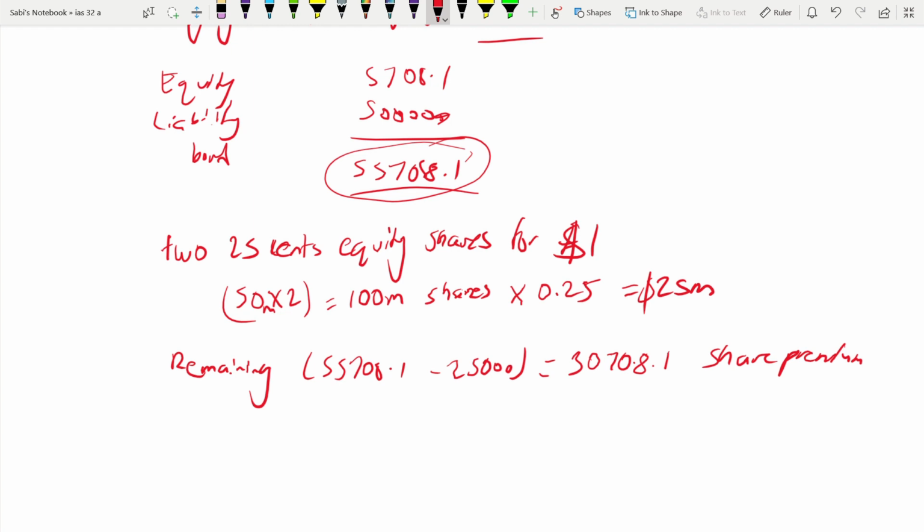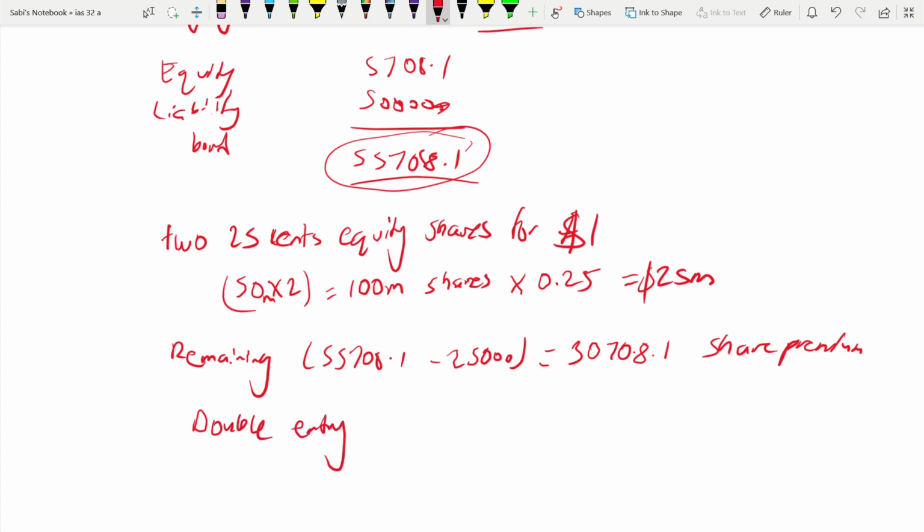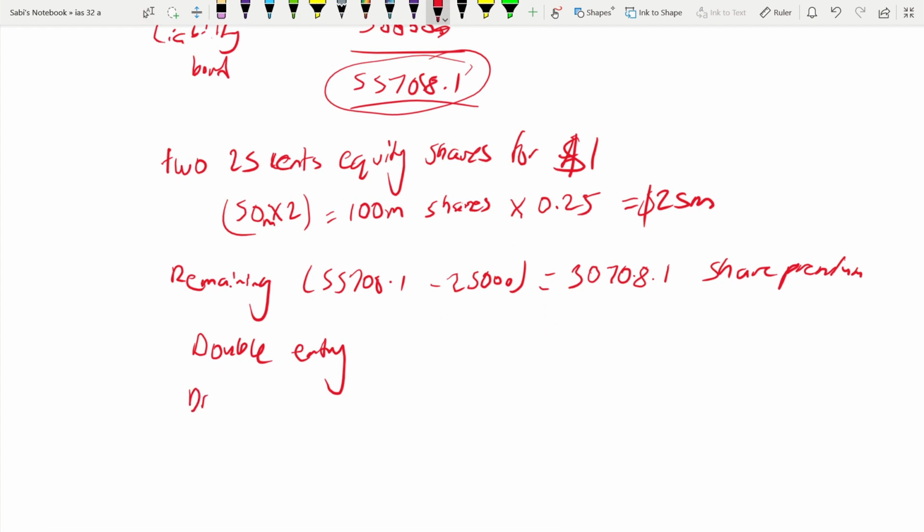There is no remaining liability. Why? Because when you convert it into shares, there will be no liability. So double entry will be: you need to debit other components of equity, debit liability because liability will go, credit share capital and share premium.